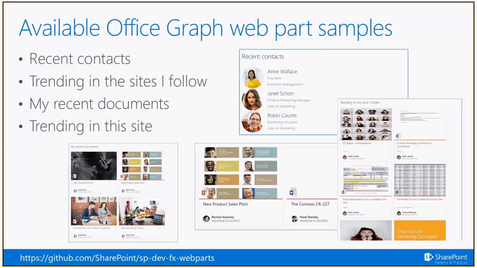If there's a lot of documents within one site, wouldn't it make sense to have a web part on the front page of the site which is showing the documents which are trending within the site? So you can absolutely implement this as a customization. You can use these web parts within your deployment as such. That's absolutely acceptable as well.